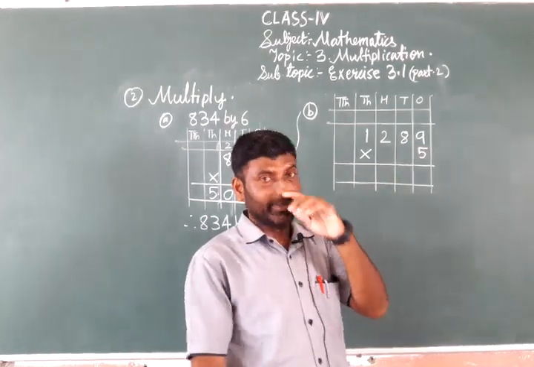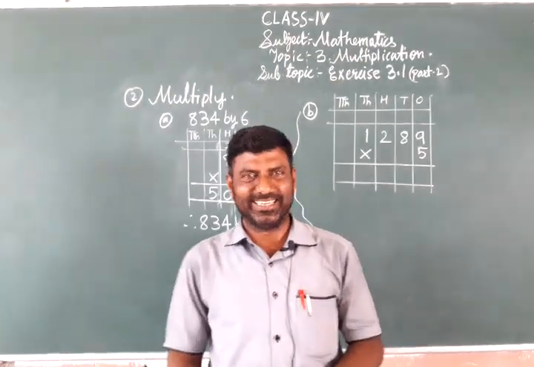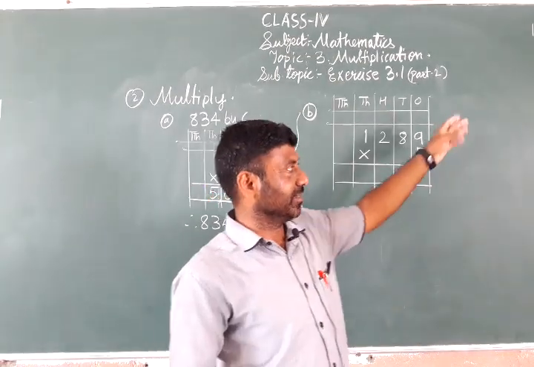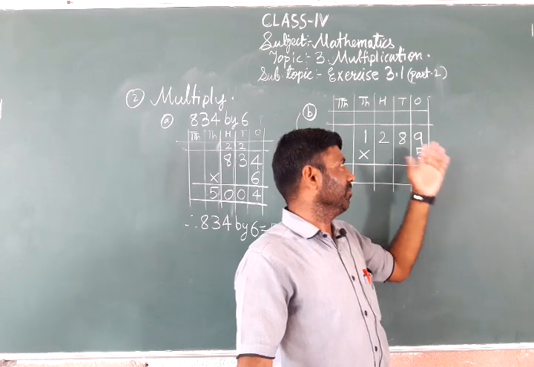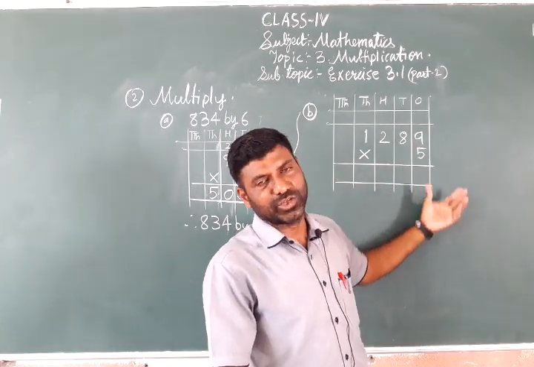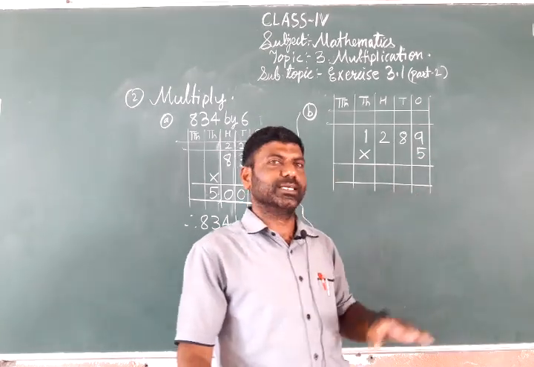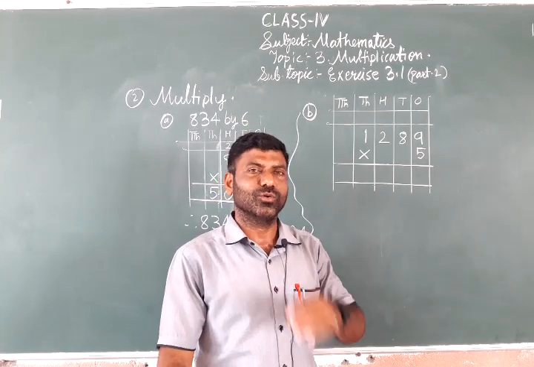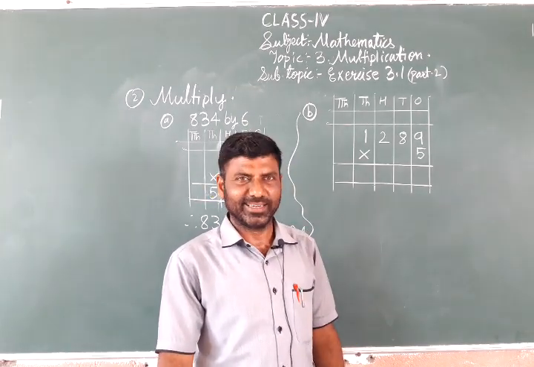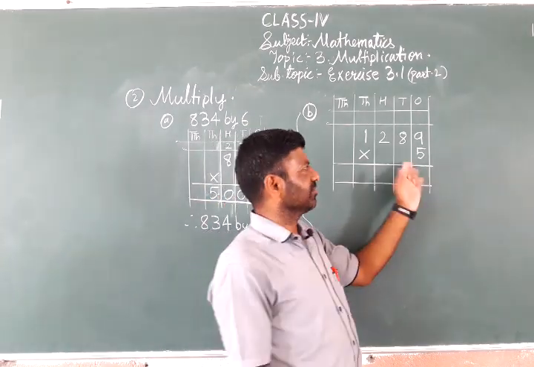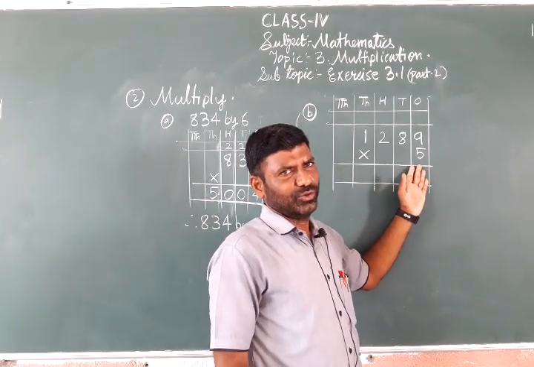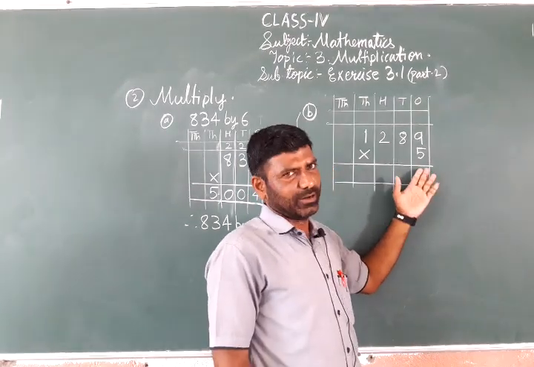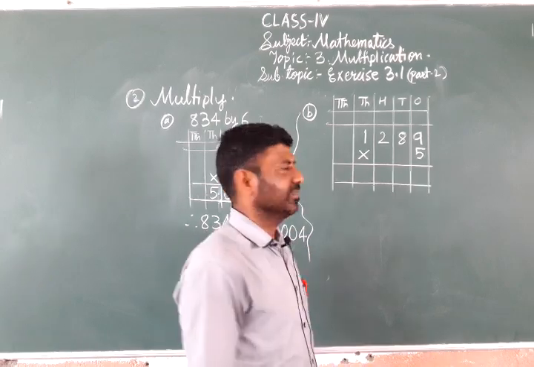But see, it will take time. You will write the table, then arrange this, and then solve. So instead of this, it is better to learn the table. And it's a one digit multiplier.